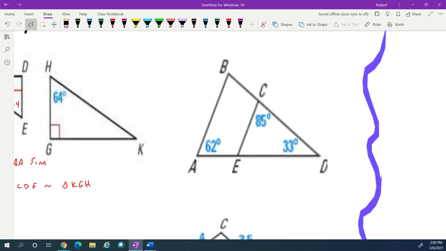Okay. Again, one triangle inside of another. So we need to find some missing angles. So in the small triangle, we're going to do 33, 85 and the missing angle. So 33, 85 and X. And we get 62 degrees.